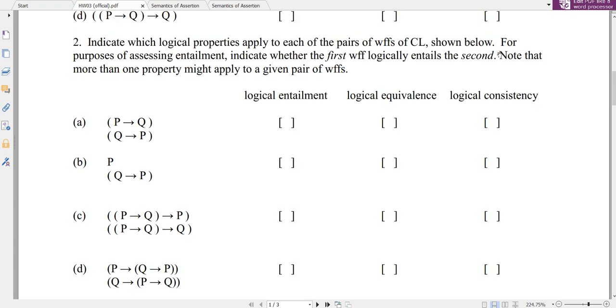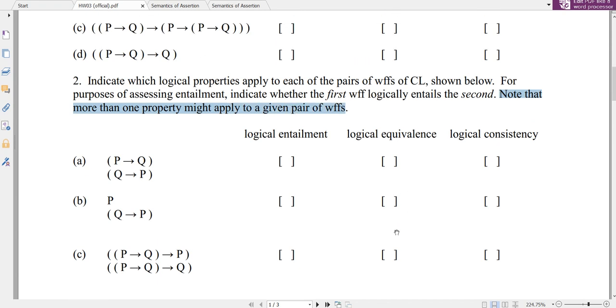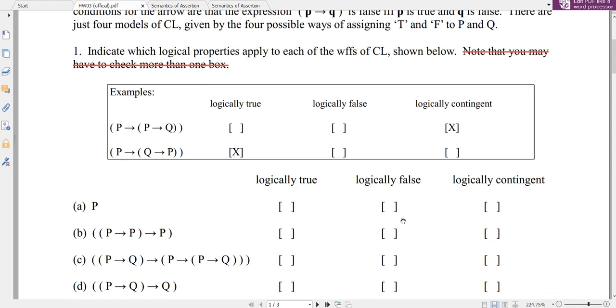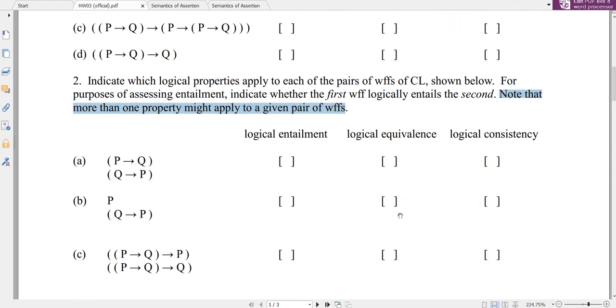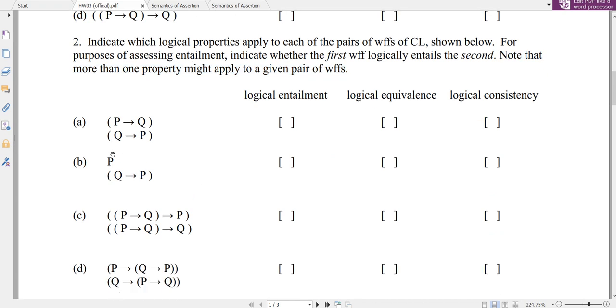Now it is the case that you might have to put more than one property, given the well-formed formulas. So here I have that part crossed out, not down here. Okay, you should be able to figure out whether or not these two can be consistent and whether or not entailment holds.